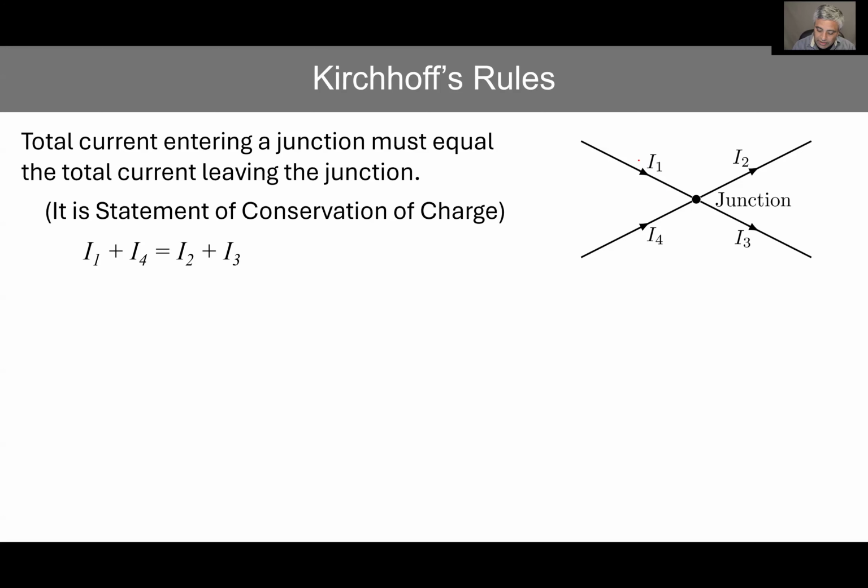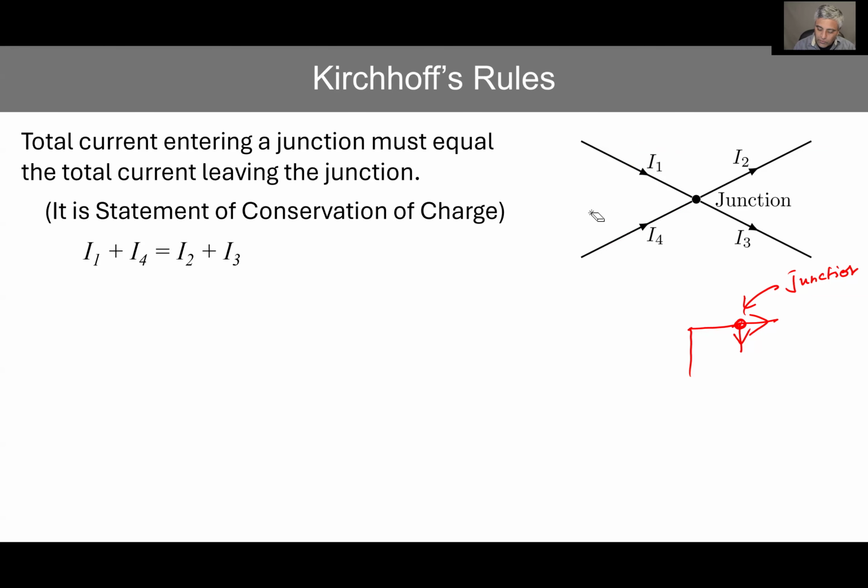So for example, if there is current entering some point here and going something like that, right? This is the junction over there, and here, this is the junction. If we pay attention to this junction, what do we see? Current I1 is coming into the junction, and I4 is also coming into the junction.